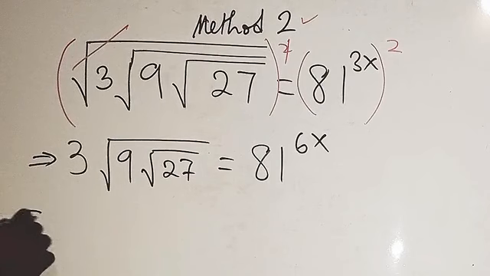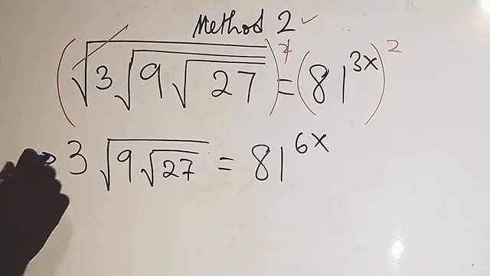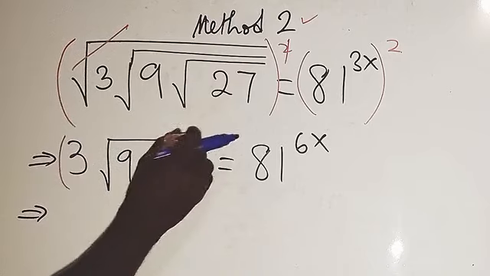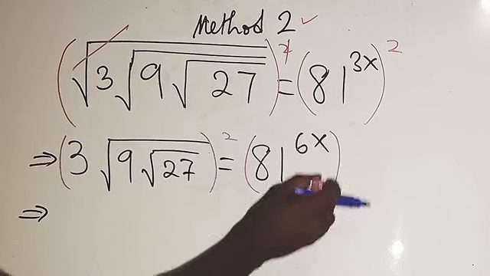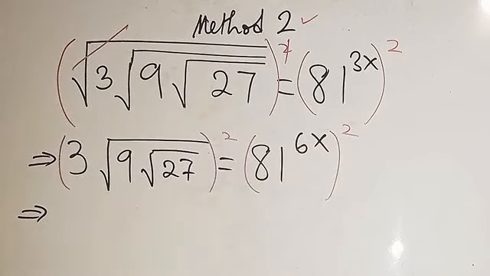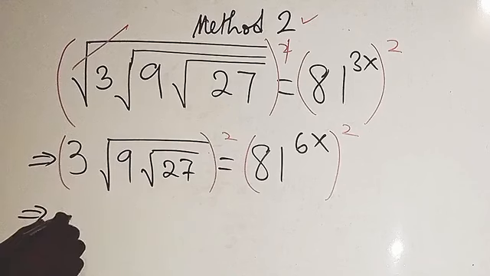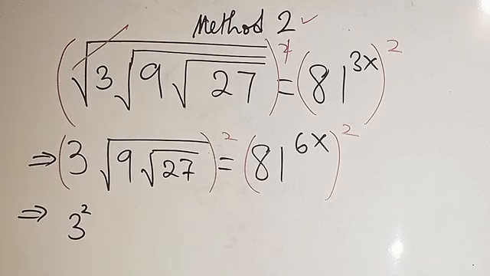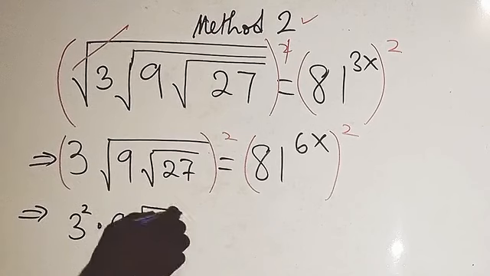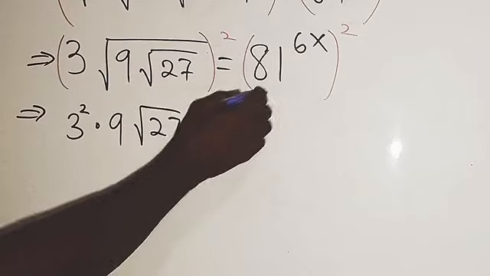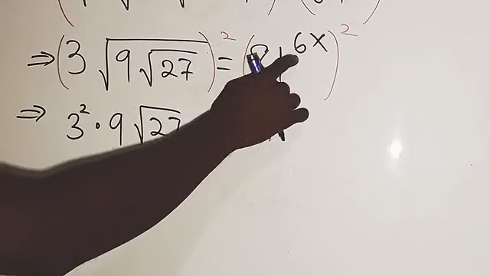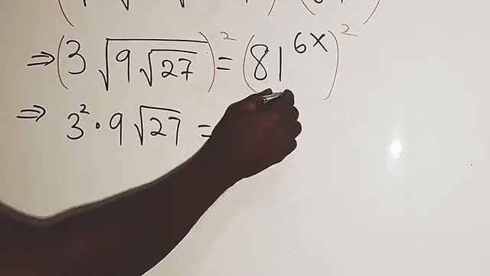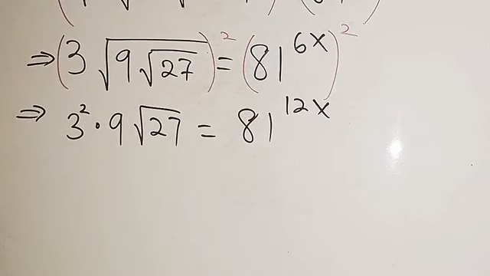Then we move on, we're still going to square again. So squaring again, what are you going to have? This square will affect this one. This is going to be 3 to the power of 2, but this square will cancel this square root. We're going to be having 9, then 27 equals 81. 6x will still multiply this 2, we're going to be having 12x, right?